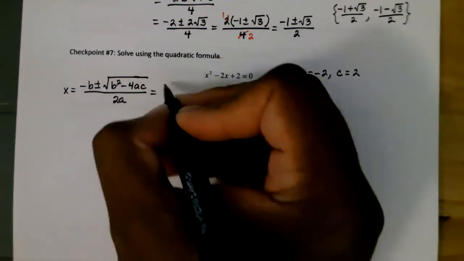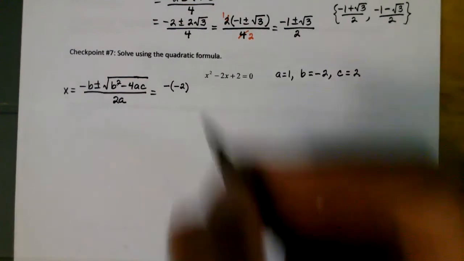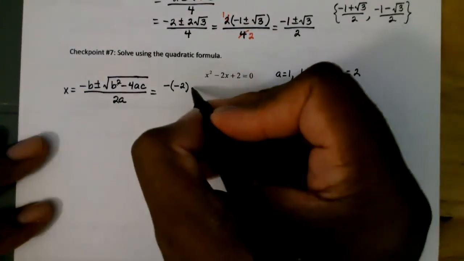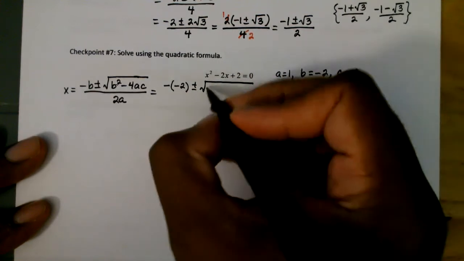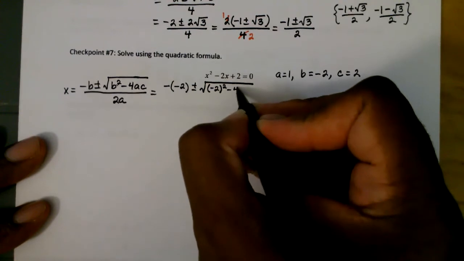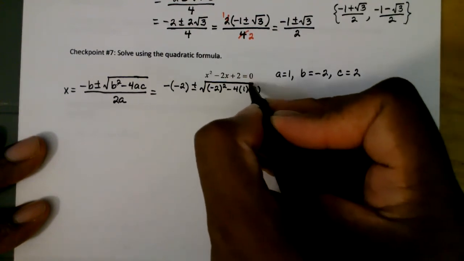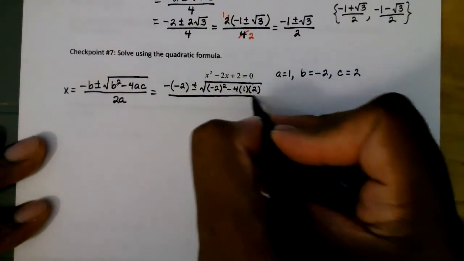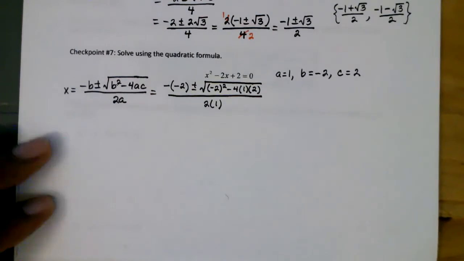In this case, bring over that negative. The b is negative 2, so I get negative of negative 2 plus or minus the square root of b again is negative 2. That's going to be squared minus 4 times a, which is 1, times c, which is 2. All that will be divided by 2 times a again. That's going to be 1.